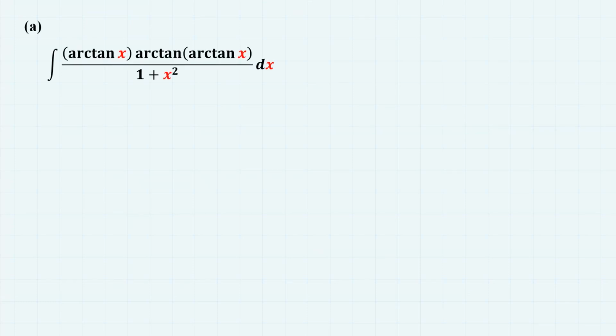Alright, starting from the first one. The key here is to remember that the derivative of the arctangent function is 1 over 1 plus x squared. You may have done the reverse process many times using the trigonometric substitution.